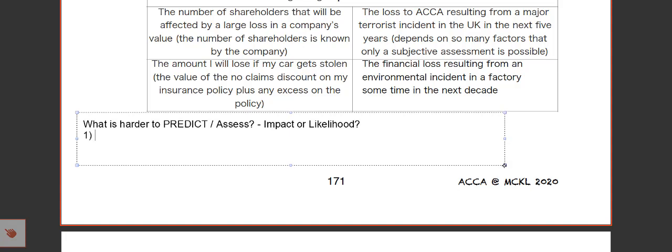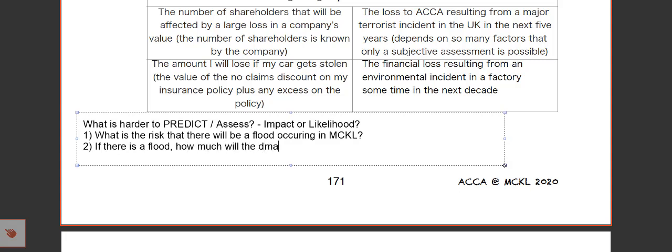Now, it's like I'm going to ask you, okay, what is the risk that there will be a flood occurring in MCKL? And then number two, if there is a flood, how much will the damage be?